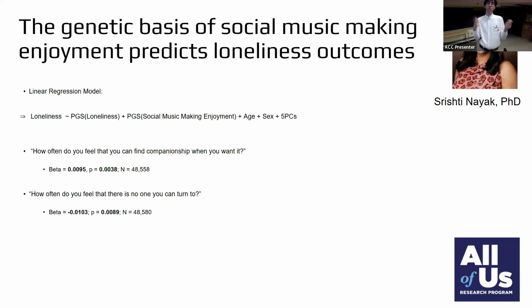I derived polygenic scores of social music enjoyment in the All of Us data, and looked at whether your genetic predisposition for social music making enjoyment can predict your loneliness status in All of Us, above and beyond your genetic predisposition for loneliness. And what we actually find is that this is true. The higher your genetic predisposition for social music making enjoyment, the lower your loneliness scores and the higher your social connection scores, and that's above and beyond your genetic predisposition for loneliness.